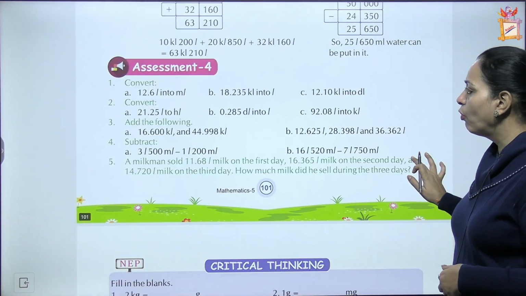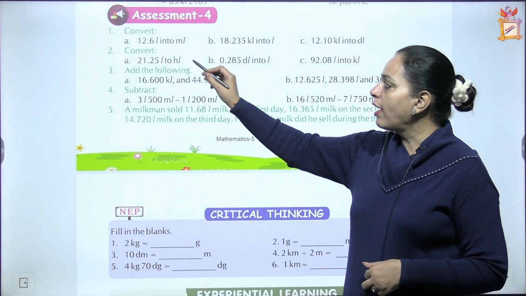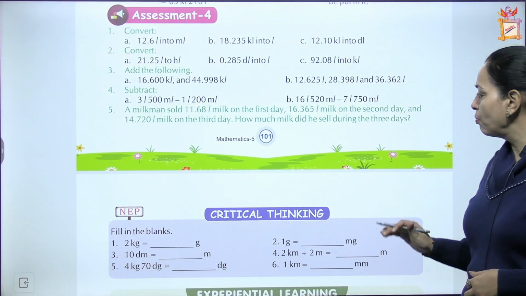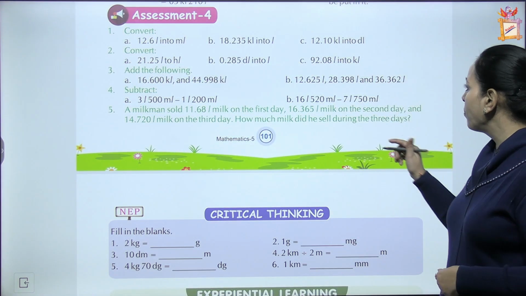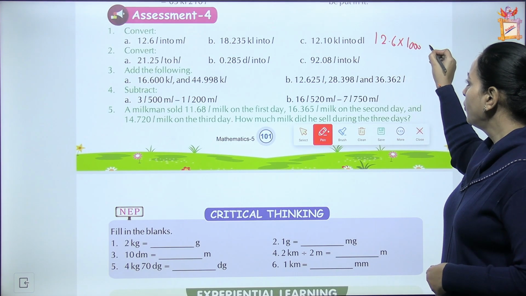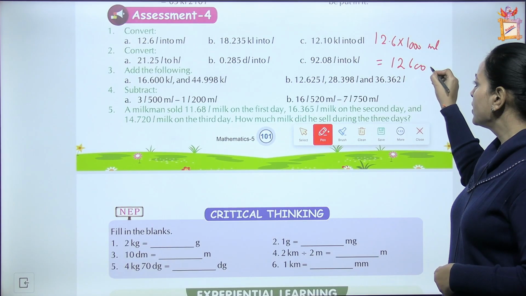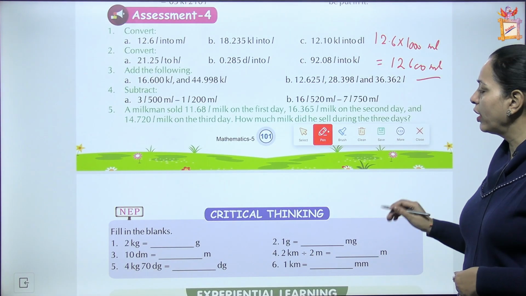Now assessment 4, question number 1, convert. Here, A part, 12.6 liter into milliliter. So multiply by 1000 to get milliliter. So what will you get? This is the answer. Okay.